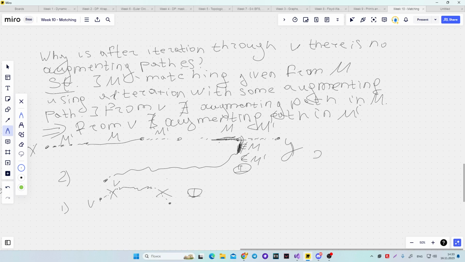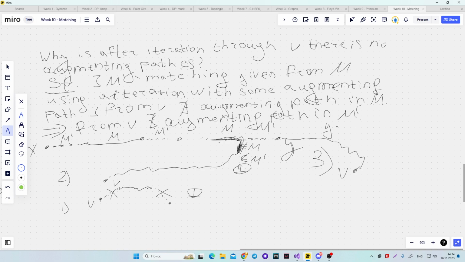Okay, because it's augmenting for M prime, this is the last case, when we consider an edge that belongs somewhere. It means we get an augmenting path.